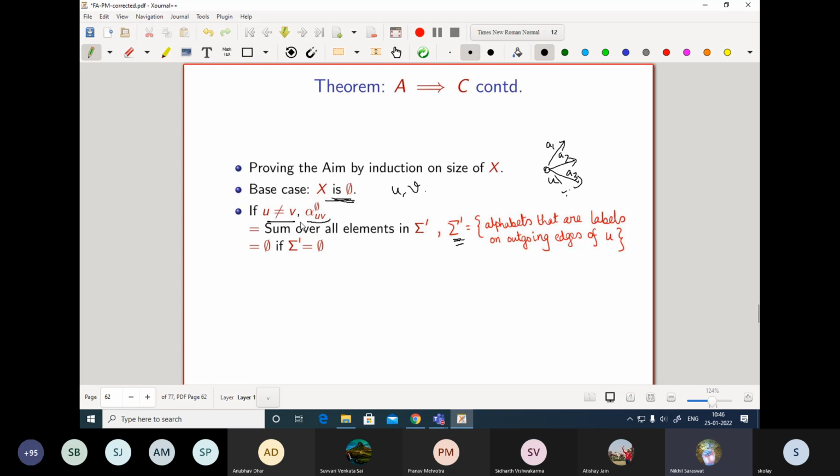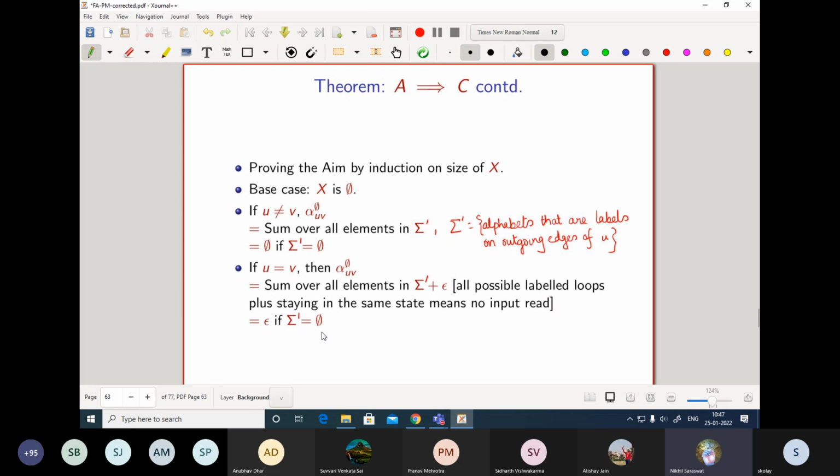So if U is not equal to V, then alpha UV empty is going to be sum over all the elements in sigma dash if sigma dash is not empty, meaning that it will be A1 plus A2 plus A3 plus so on. And if sigma dash is empty, then it will just be empty.